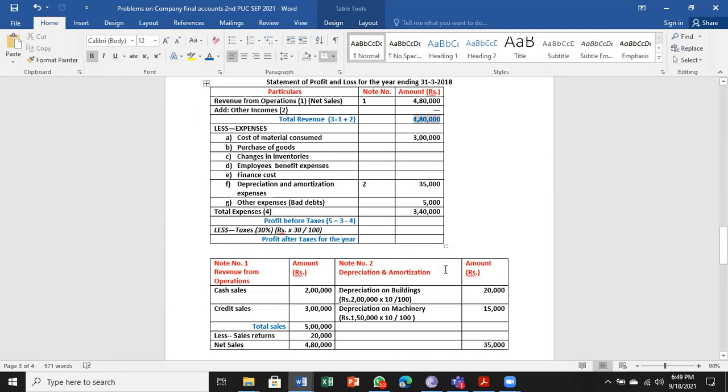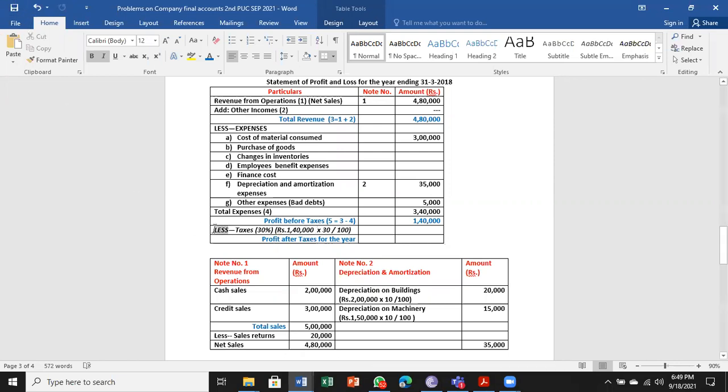So 4,80,000 total revenue minus 3,40,000. That will be the profit before tax, 1,40,000.